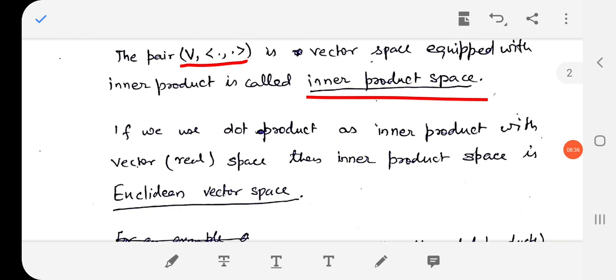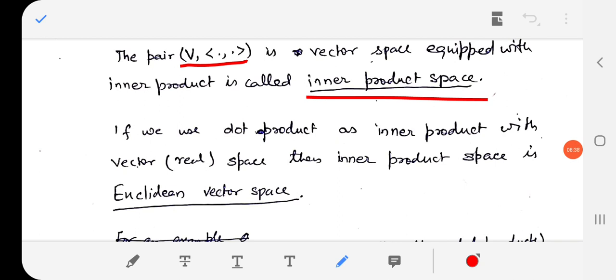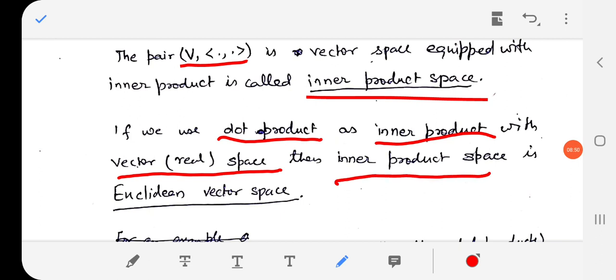Whenever you use the dot product as the inner product with the vector space Rn, then this inner product space is called a Euclidean vector space. So if the inner product equipped with Rn is the dot product, then we say it is a Euclidean vector space.